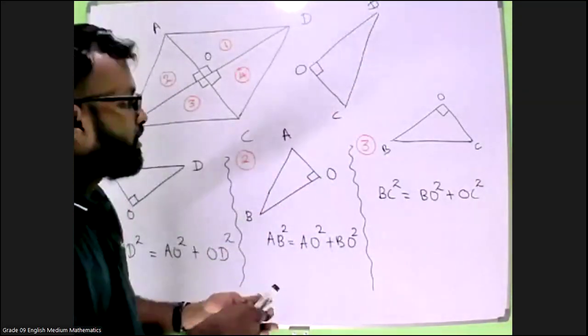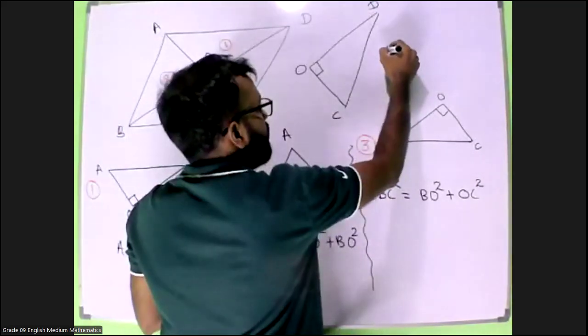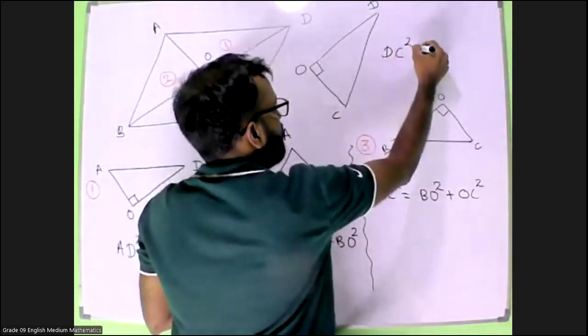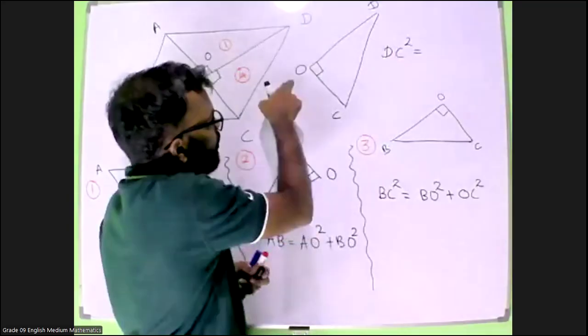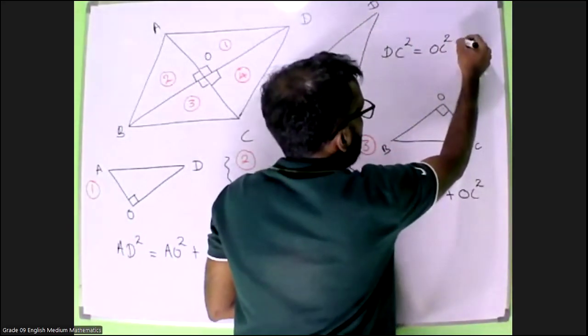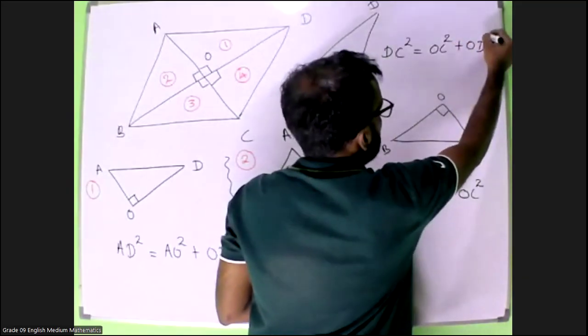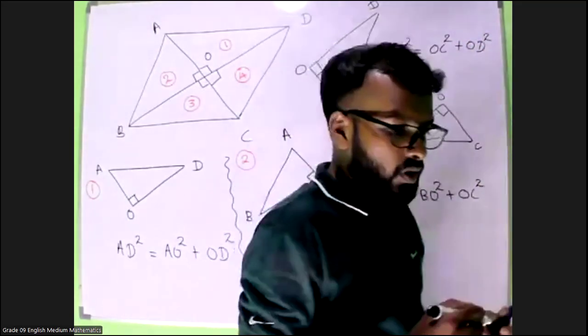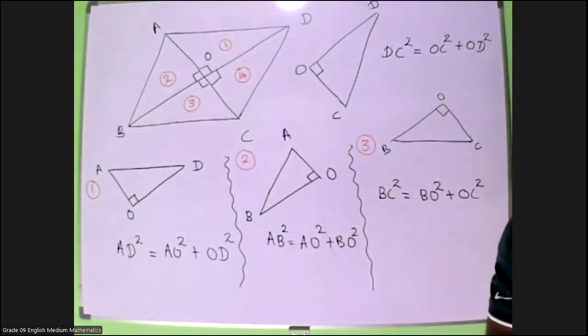Hypotenuse is CD. CD square equals OC square plus OD square. That's all. So this is what you need to identify.